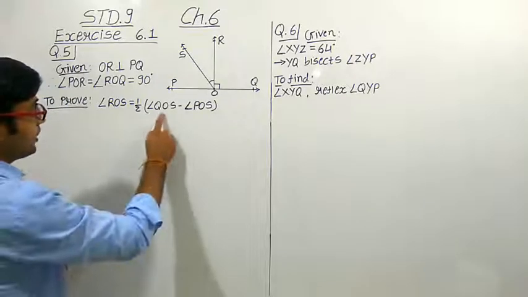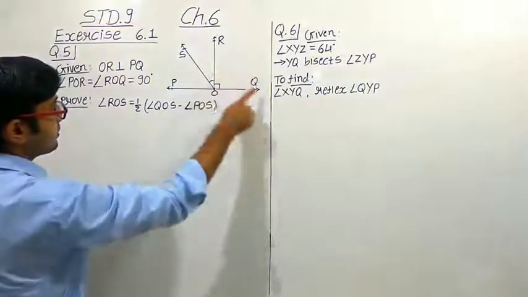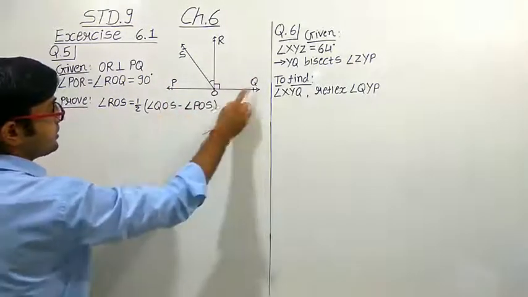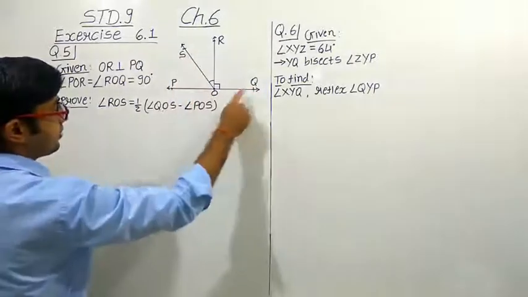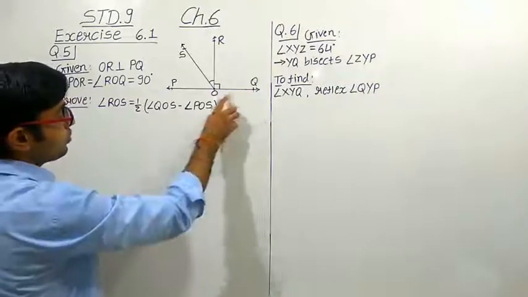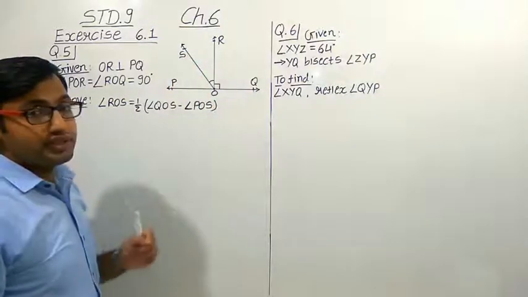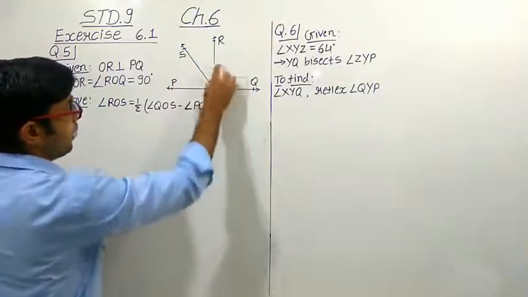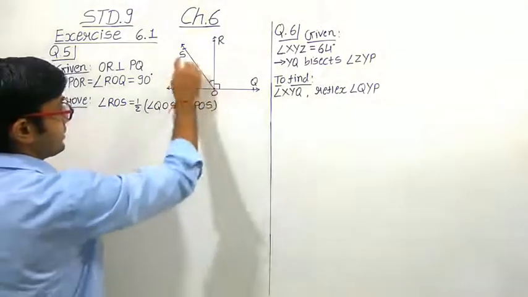Right? So QOS, see, in this diagram, QOS is this angle. QOS is also the addition of the two adjacent angles, that is QOR and ROS. See?